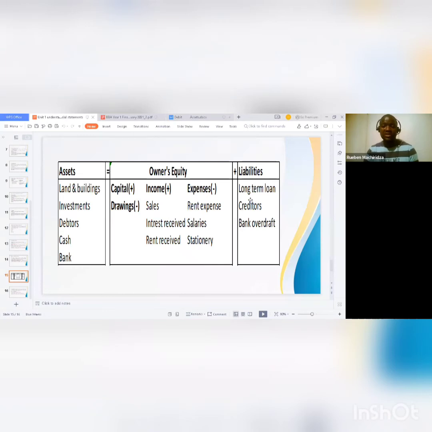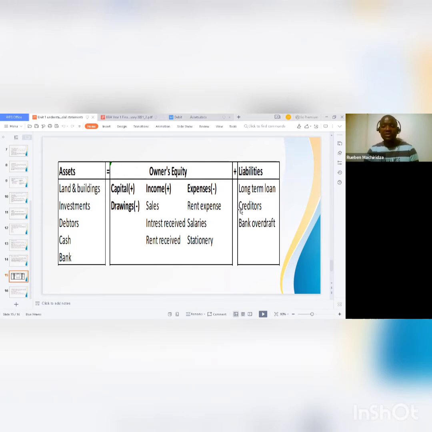We might not have the cash at the moment, but we know that as we perform our business activities, we'll be able to generate cash and pay for those goods and services. So when we buy goods and services on credit, we create what we call creditors, and we have to settle their accounts within a specified period of time.